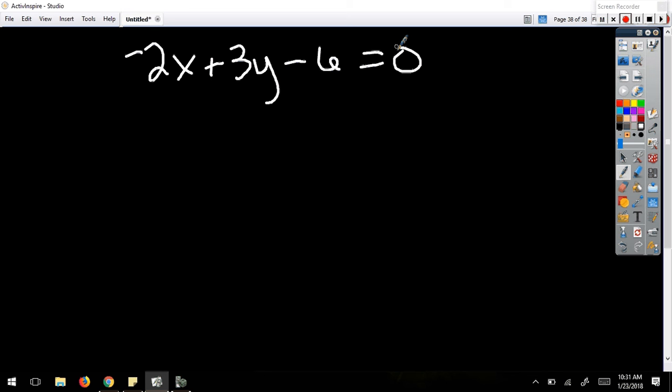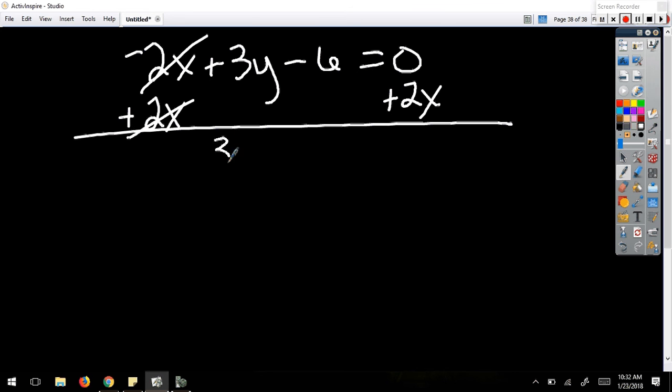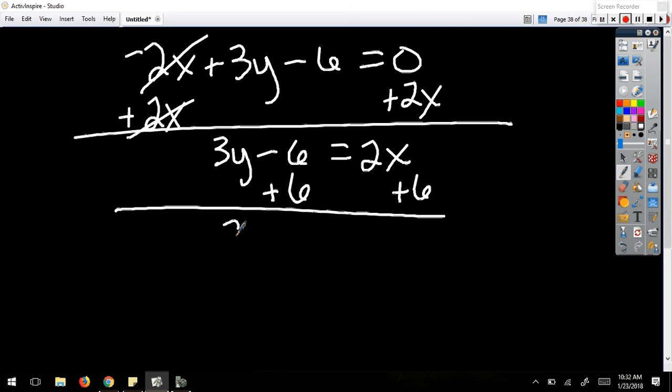I could divide, but before I divide, subtract what? -2x. So subtracting -2x is the same thing as adding 2x. All right, well, this one's gone, so I got 3y minus 6 equals 2x. What now? Plus 6. I'm still doing the same. I'm solving this time for y instead of x.